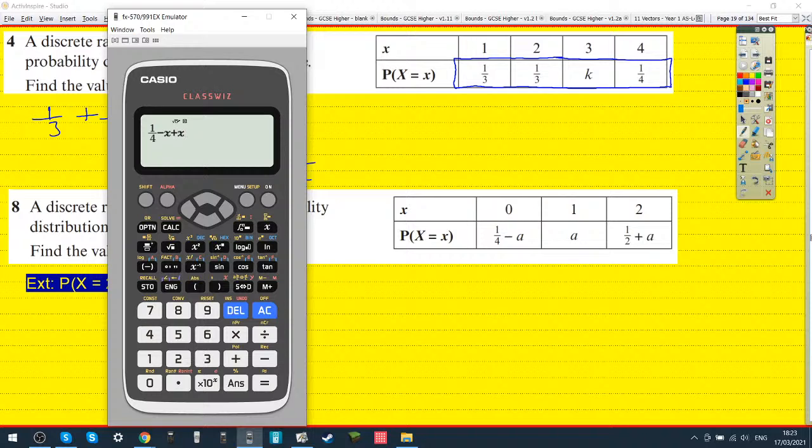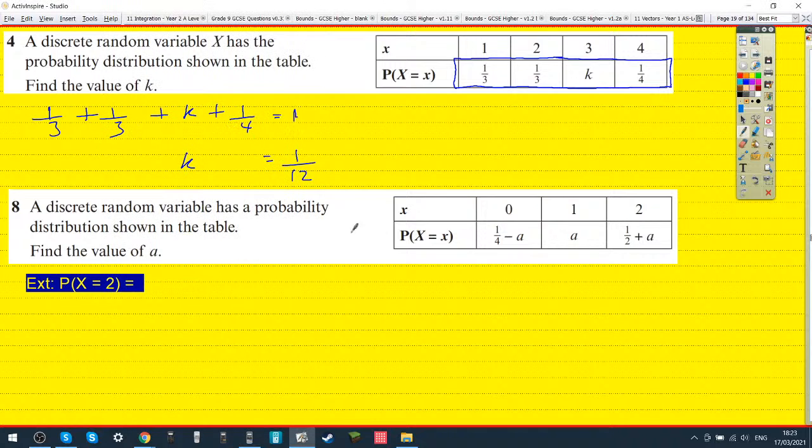Plus x, half. And what will they add up to? 1. Shift solve. Pick your lucky number. 4. And we get 0.25, which is the same as a quarter.